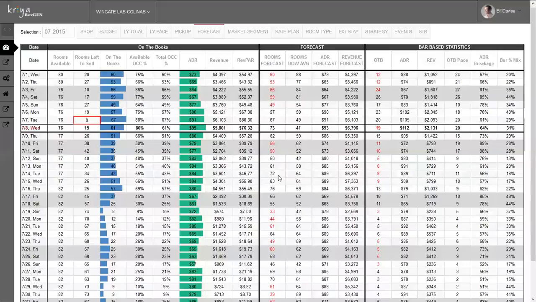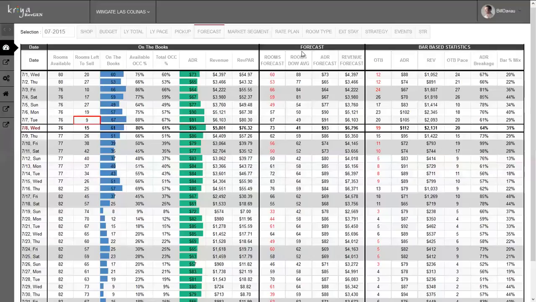So a lot of revenue managers and even some price optimizers will make the mistake of seeing the high occupancy and automatically adjusting the rate up, or at least keeping it high. So I'm going to show you a few things that you're going to want to make sure you're looking at and reviewing before you start jacking up your rates.